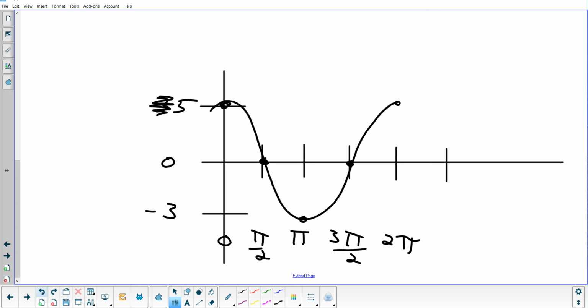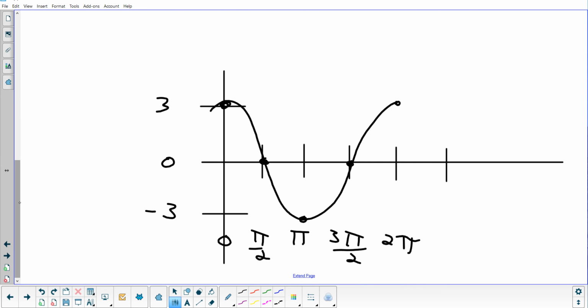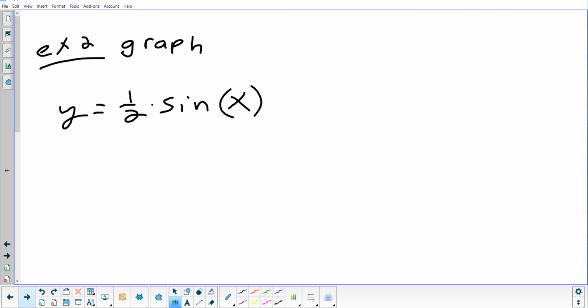Okay, any questions on that idea? Okay. So that's the first one. That would be what we call a stretch. Now we're going to look at one that would be a compression because the number in front is less than 1.